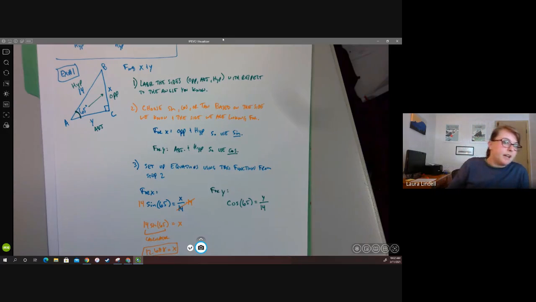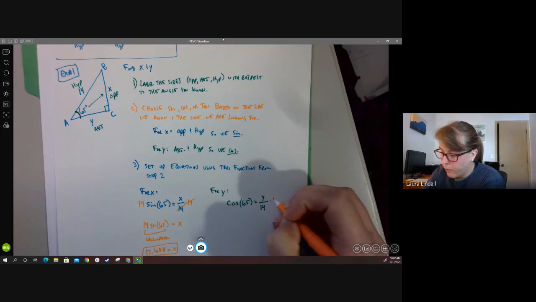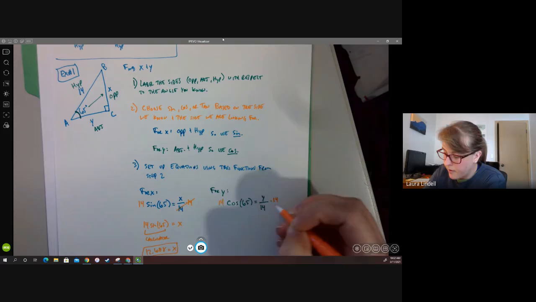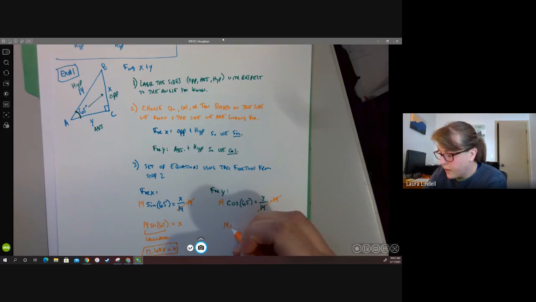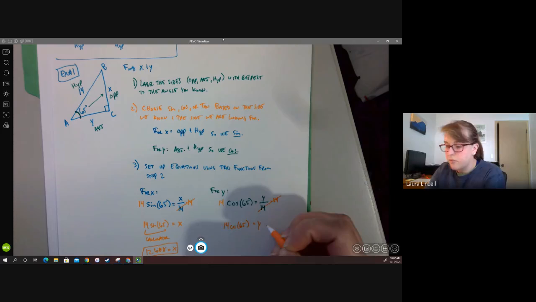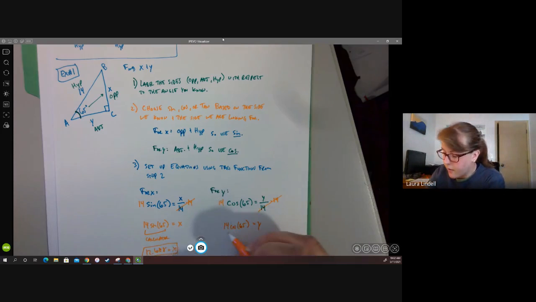And then we'll do the exact same kind of method to solve it. We'll multiply by 14 on both sides. So we get 14 cosine of 65, which is what we're going to type into the calculator.